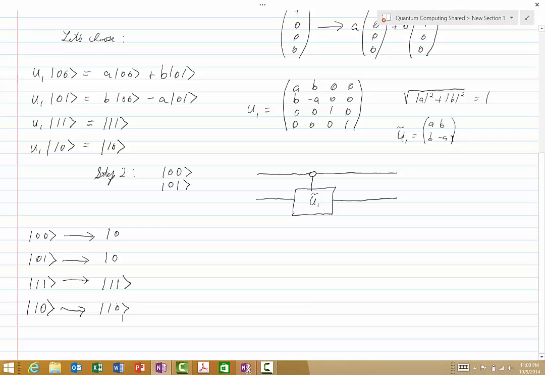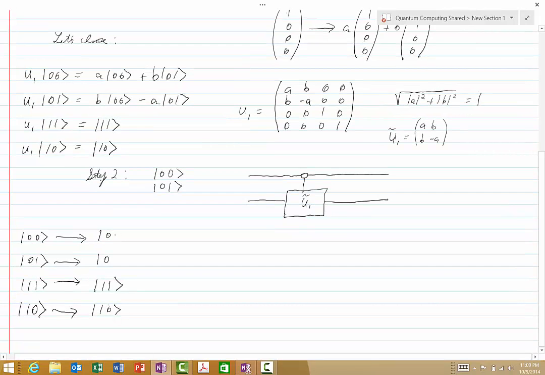Since we have a 0 for the first bit, this will go into effect, and the 0 in the second bit will go to A0 plus B1. So we could write it like this, which of course is the same thing as A times 0, 0 plus B times 0, 1.